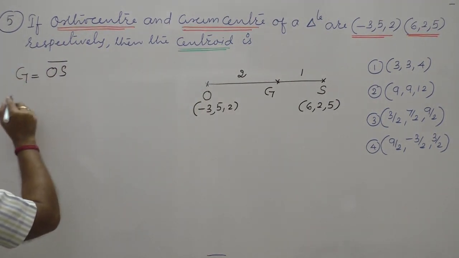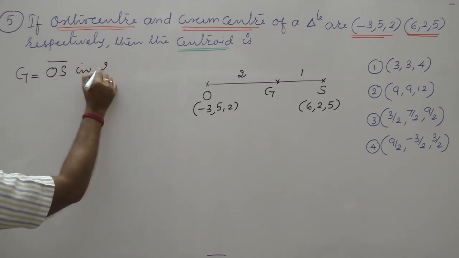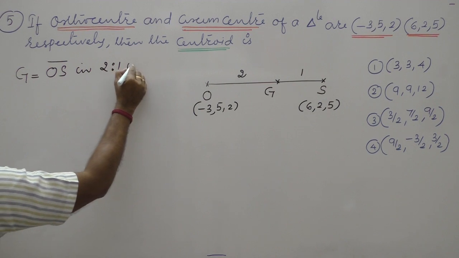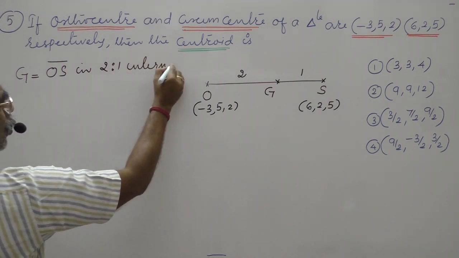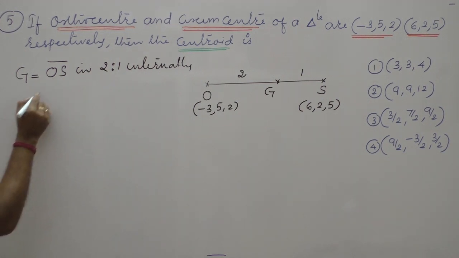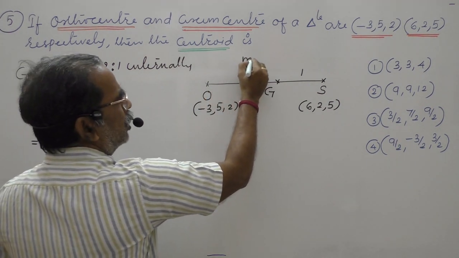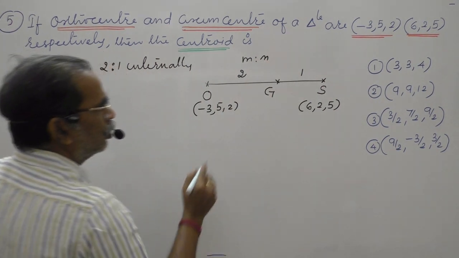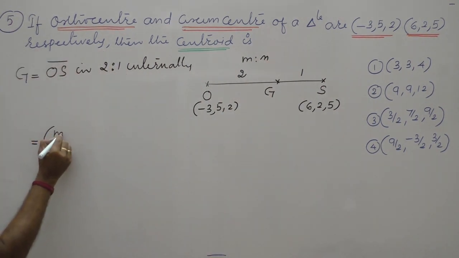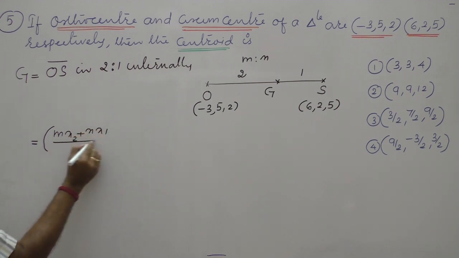Whenever a ratio comes, you should follow the order. So here the centroid divides OS bar in the ratio 2:1 internally. Yes, the internal point we will find. What is an internal point? Point of division. I will suppose this ratio is m:n, which is 2:1. So for this, mx2 plus nx1 divided by m plus n.